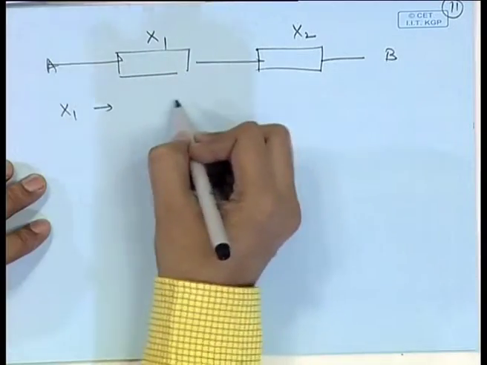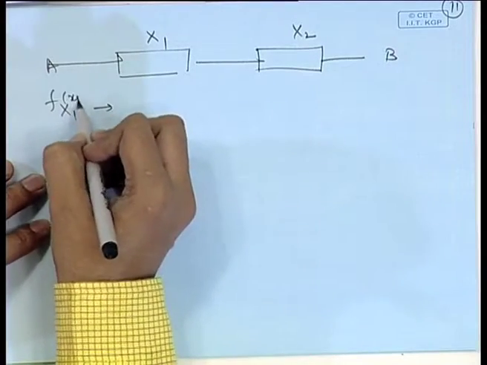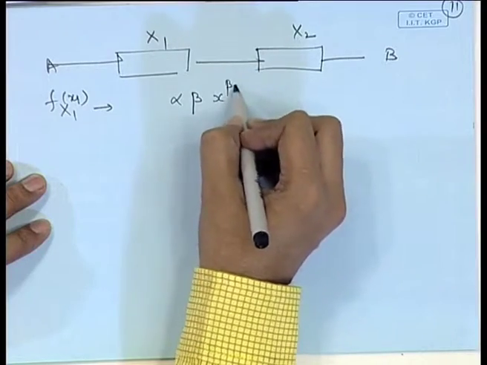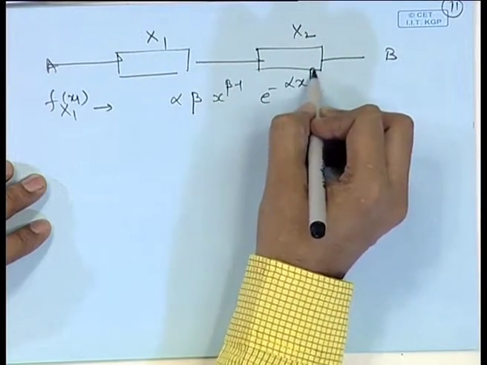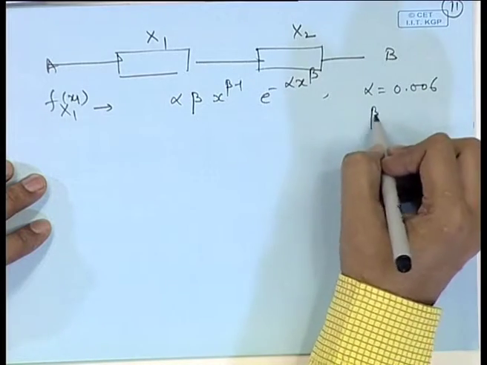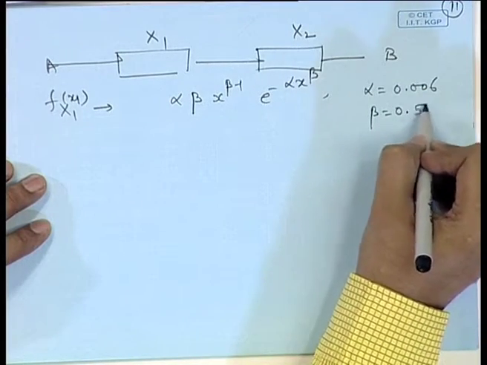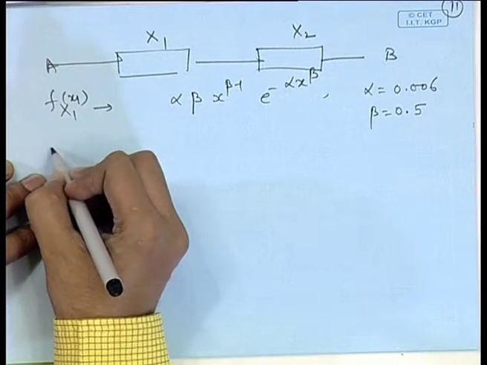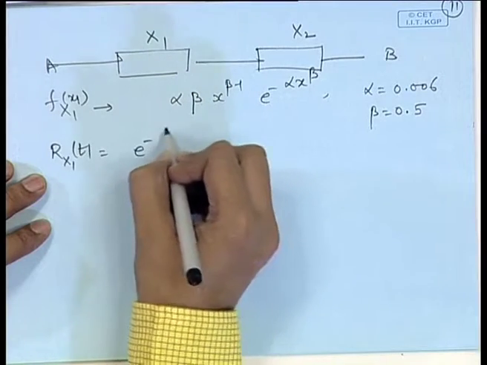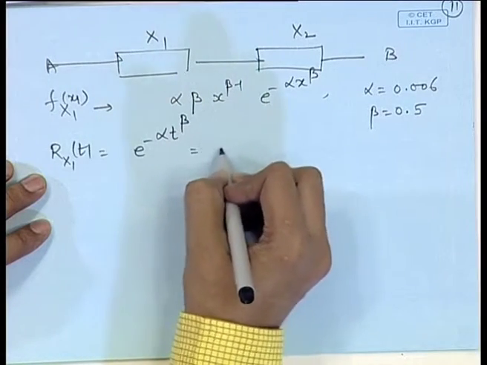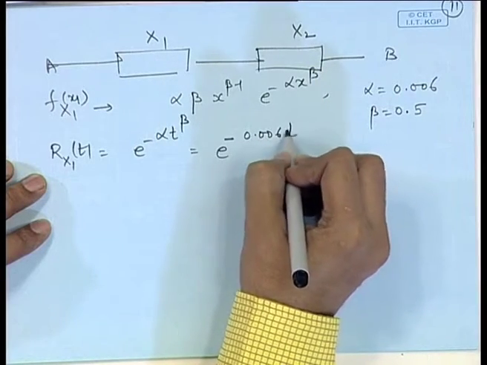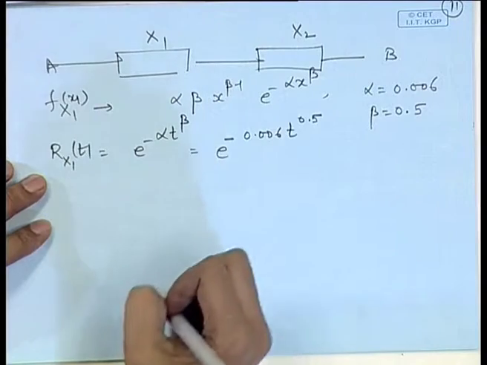So, the density of X1 is alpha beta x to the power beta minus 1 e to the power minus alpha x to the power beta, where alpha and beta are given here. The reliability function of X1 is e to the power minus alpha t to the power beta, that is e to the power minus 0.006 t to the power 0.5.